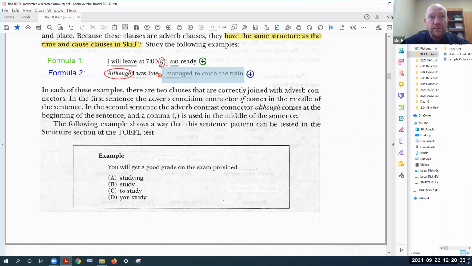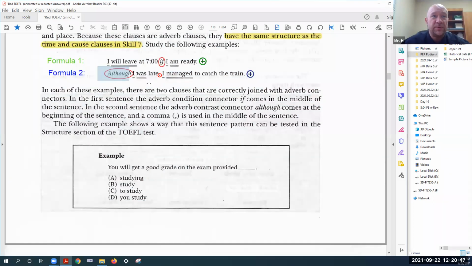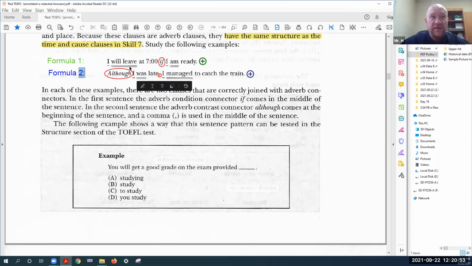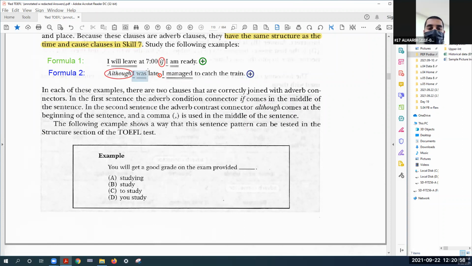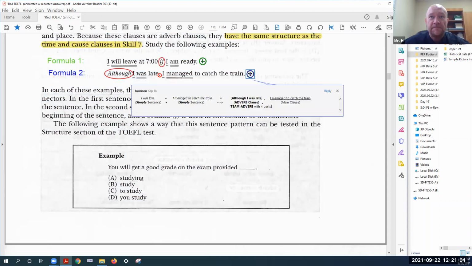Harvey: I is the first subject, and managed is the first verb. Good. All right, and now the adverb clause. Although is the connector, I is the second subject, and was is the second verb. Can you read this, please, Turkey?